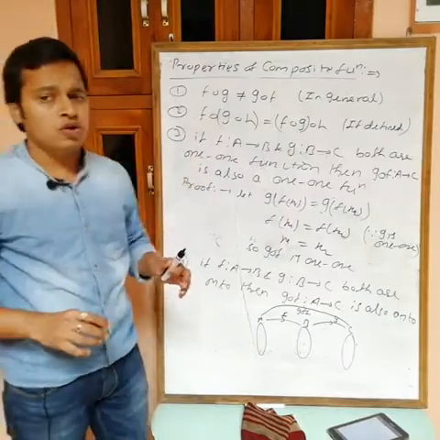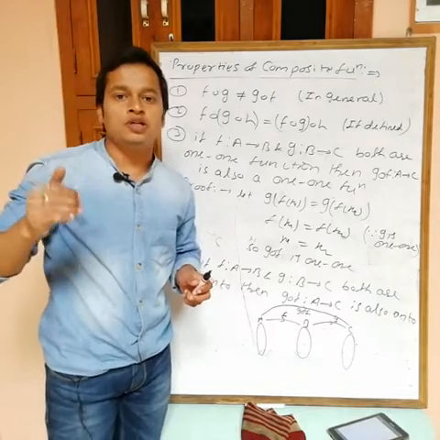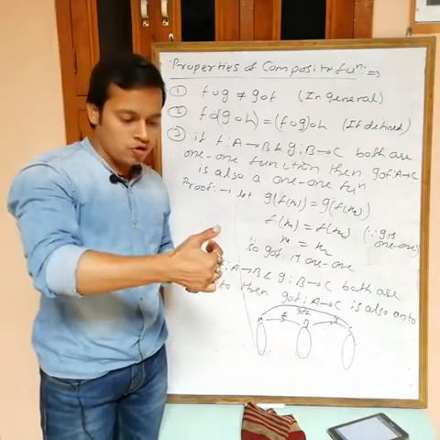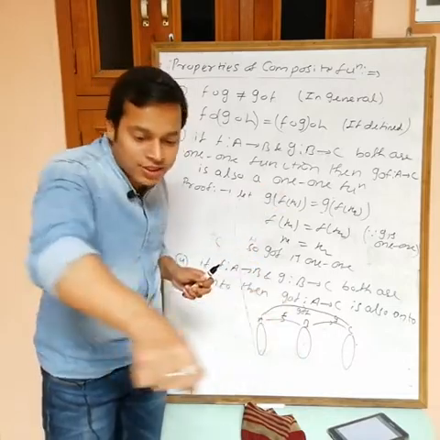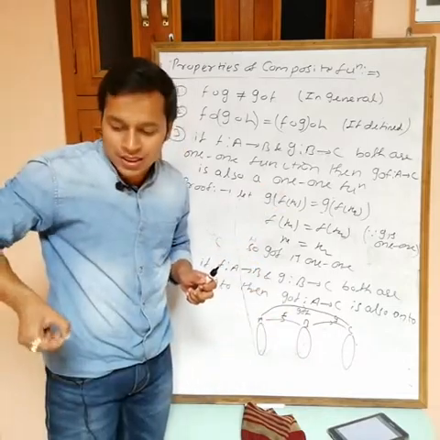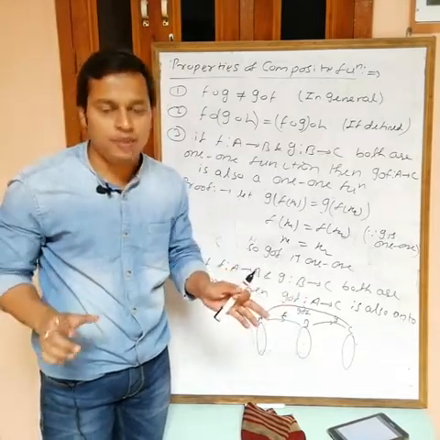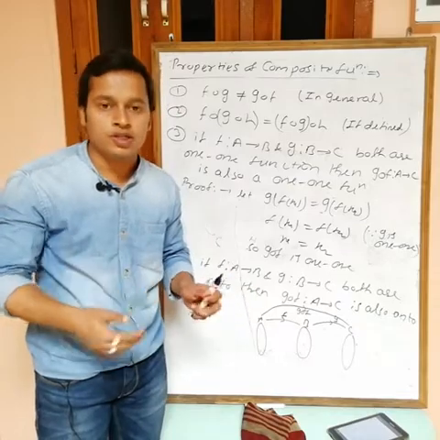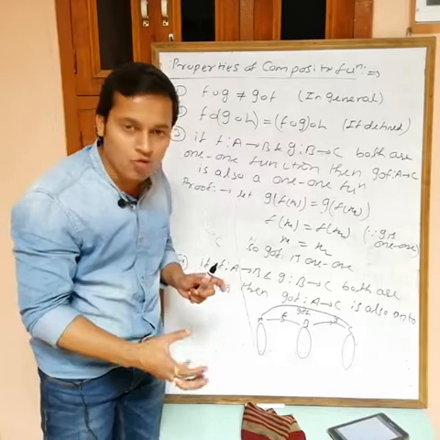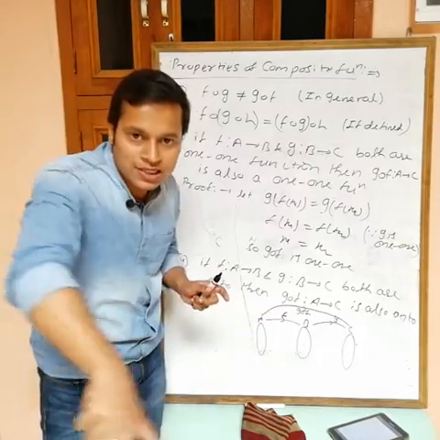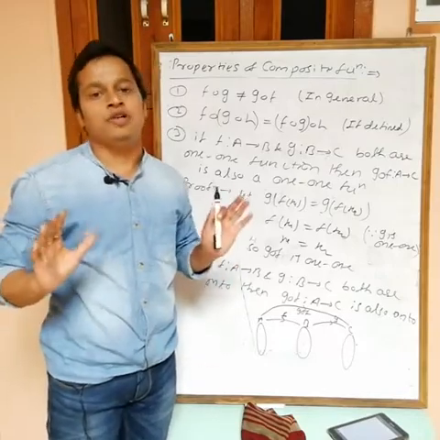So how to prove gof is onto? That is simple. Any function from A to B is said to be onto if for each element of B we have at least one pre-image in A such that f(a) equals b, or f(x) equals y. By using the definition of onto function, if for every y belonging to B we have at least one x in A such that f(x) equals y, then you can say the function is onto.